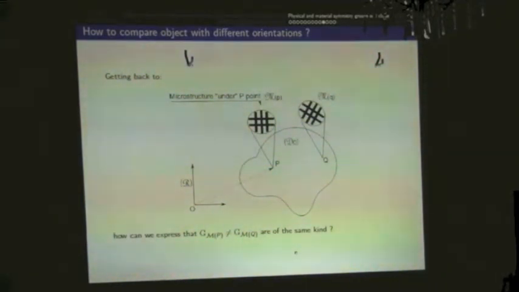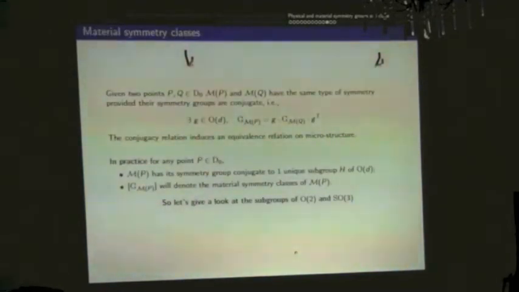If I make a rotation, I can put my microstructure in the same position as the microstructure in point P, and that allows you to compare different groups. And it's the notion of symmetry classes.